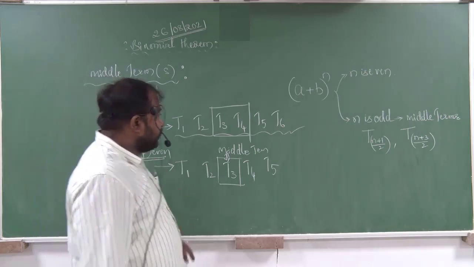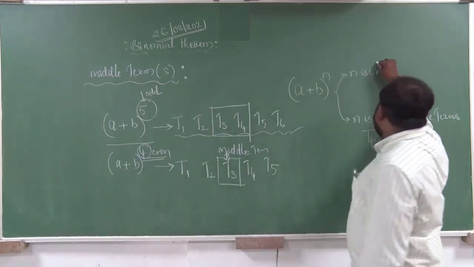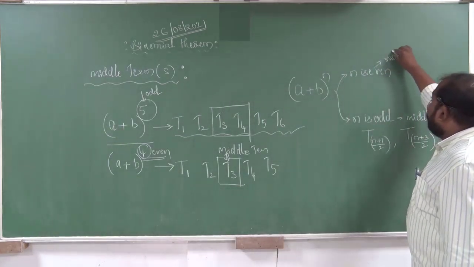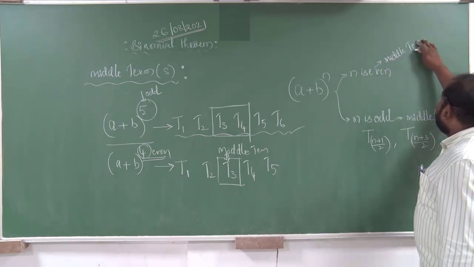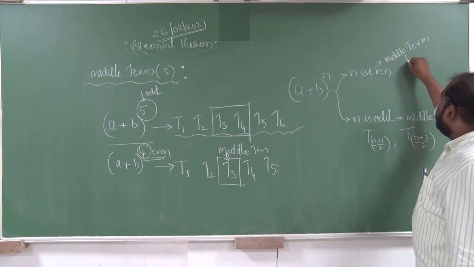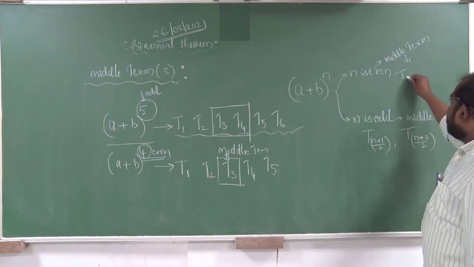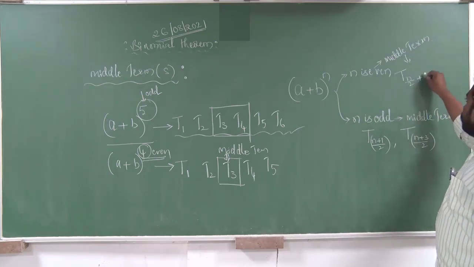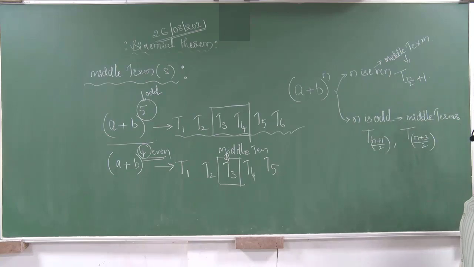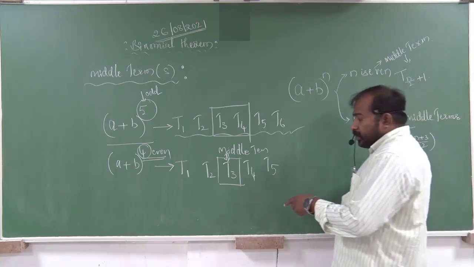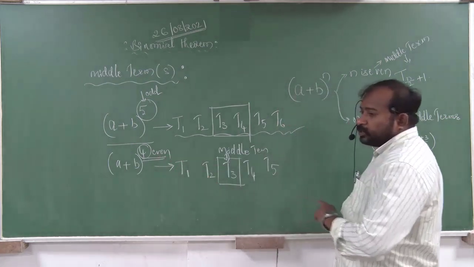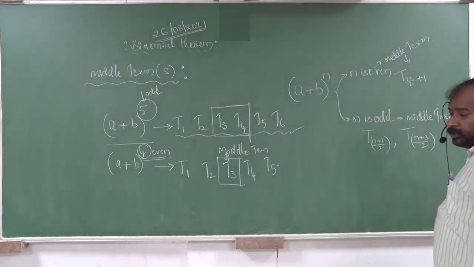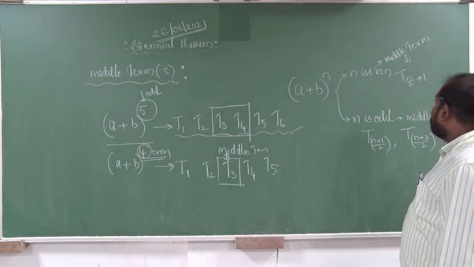Of course n is even. In this case, you will get the middle term, only one middle term, and the middle term is given by T (n by 2 plus 1). Like this, here T3. How will you get T3? T (4 by 2 plus 1). 4 by 2 means 2. 2 plus 1, 3. Like this.